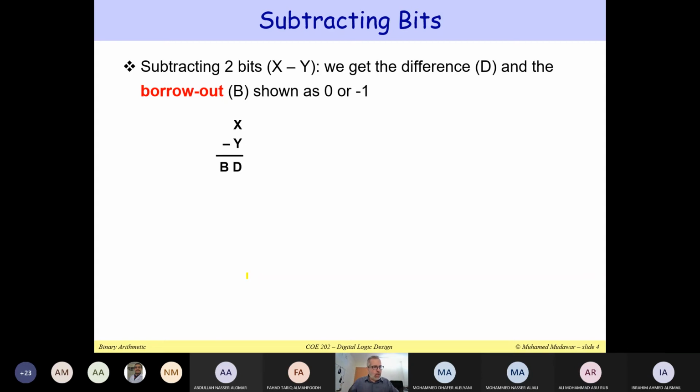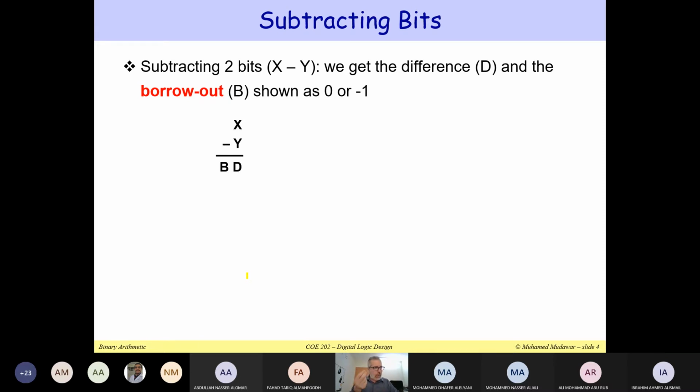Once you understand how we represent negative numbers, we can convert subtraction into addition: x minus y becomes x plus negative y, where negative y is represented using 2's complement. I'll come back to this topic later.